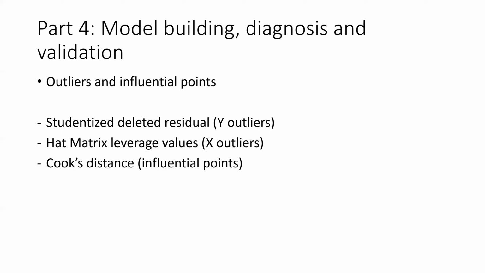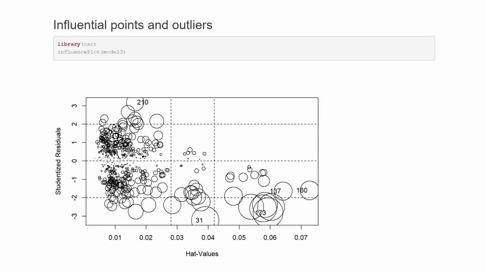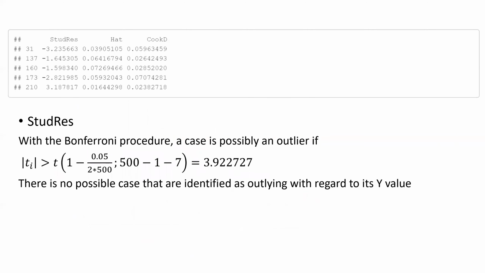The third one is Cook's distance, which is used to identify influential points. So to begin with, we plot an influence plot. You can see there might be some influential points and outliers as identified in the figure. So from the chart, we can further discuss any outliers or influential points.